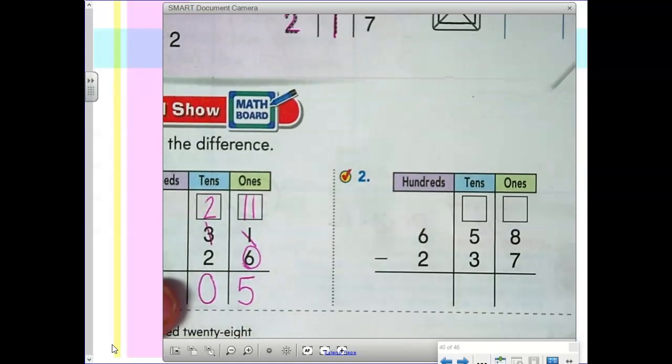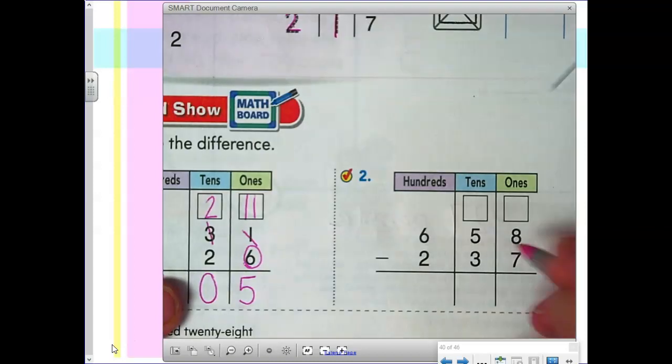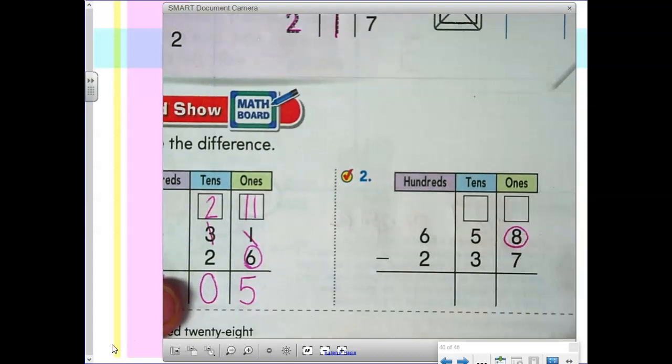Number 2. 658 minus 237. Where do we start? Start on the right. 8 minus 7, where's your big number? Guys, it's on top.